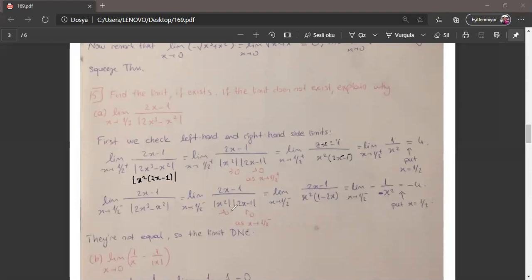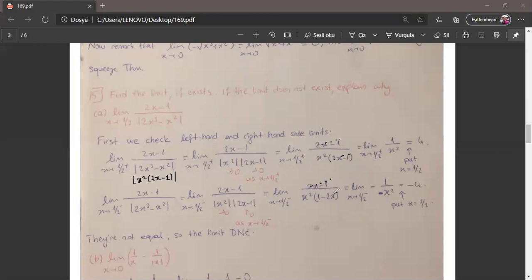So we again write it separately. So here x is approaching 1 over 2 from the left-hand side. So this will be negative. Thus, we need to write it by multiplying by -1. So we have here 1 minus 2x. As it's in absolute value, we need to multiply it by -1 to write it outside of the absolute value.